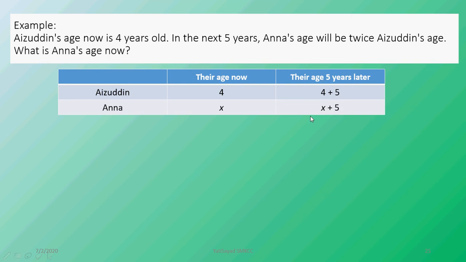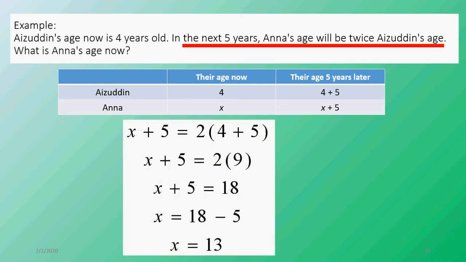But from the question, the information given is that Anna's age is twice Aizuddin's age. So your equation will be X plus 5, which is Anna's age, equals twice Aizuddin's age, 2 times 4 plus 5. Where did I get this 4 plus 5? From here.